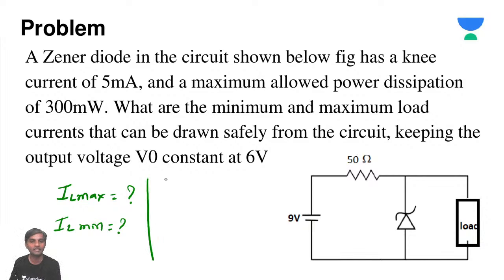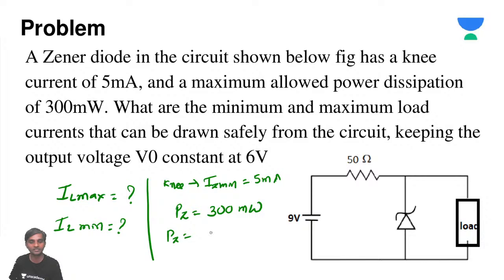Knee current means IZ minimum, which is 5 milliamps. It is also given PZ, the maximum allowed power dissipation, 300 milliwatts.